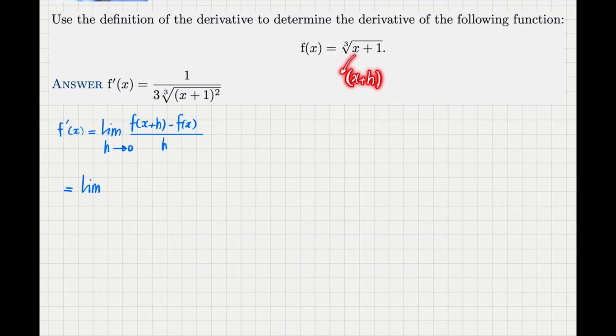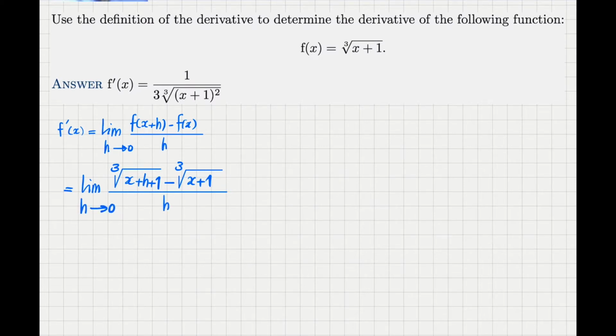I can just simply write x plus h. So this becomes the limit of the third root of x plus h plus 1, minus the third root of x plus 1, divided by h, as h goes to 0.